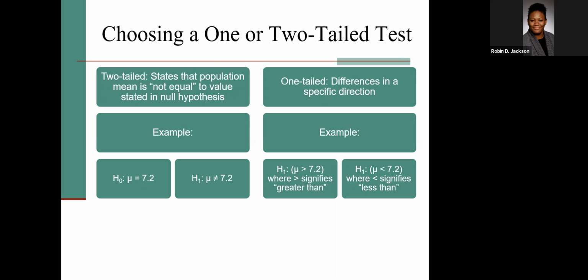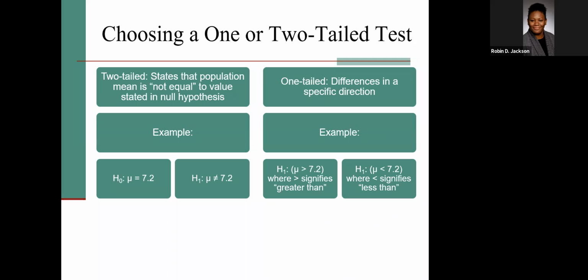However, if the researcher is only concerned with differences in a specific direction, or the direction of the difference can be predicted, that's a one-tailed test. A one-tailed test can take on two different forms that demonstrate the direction of the test.